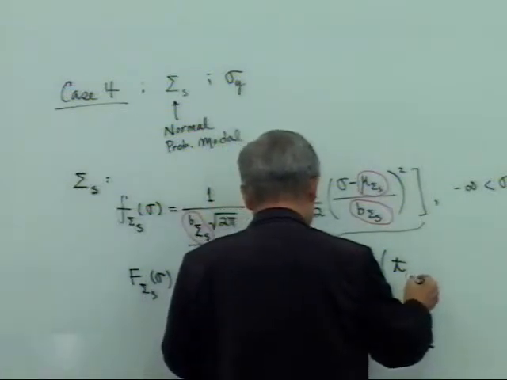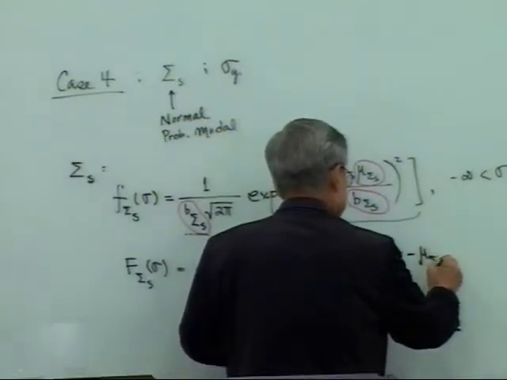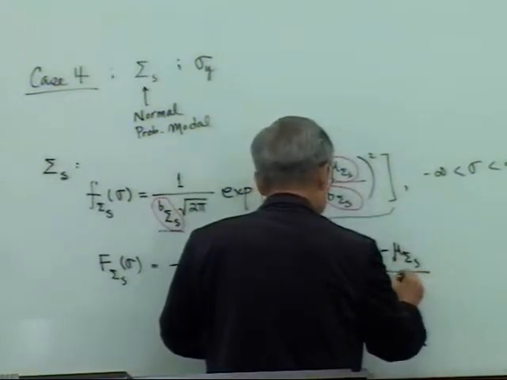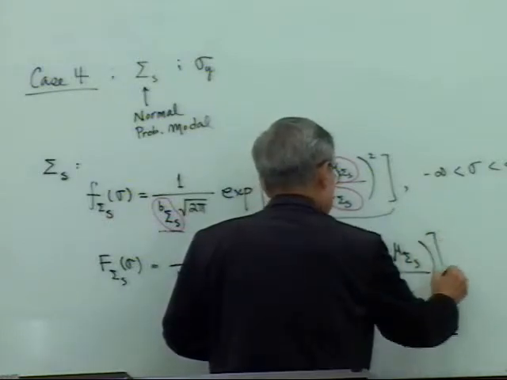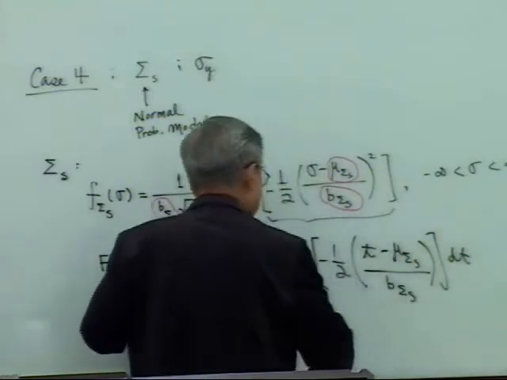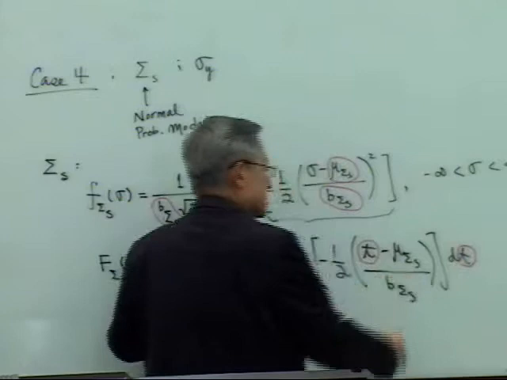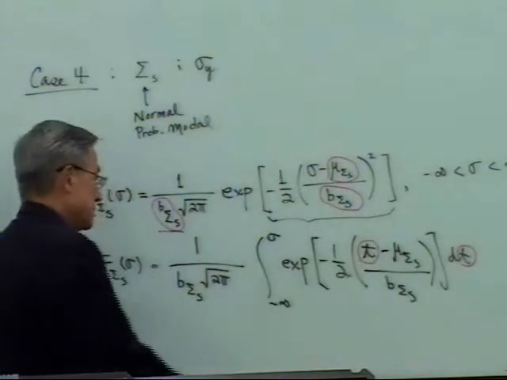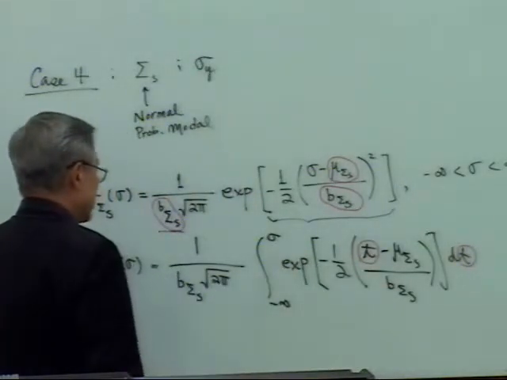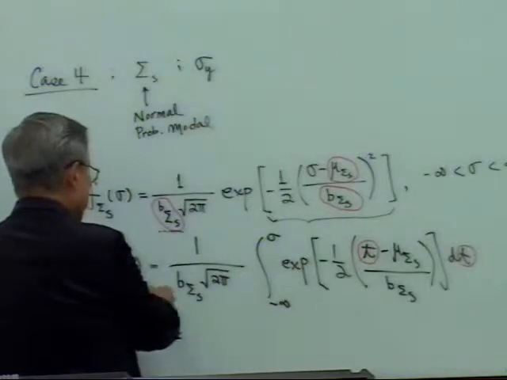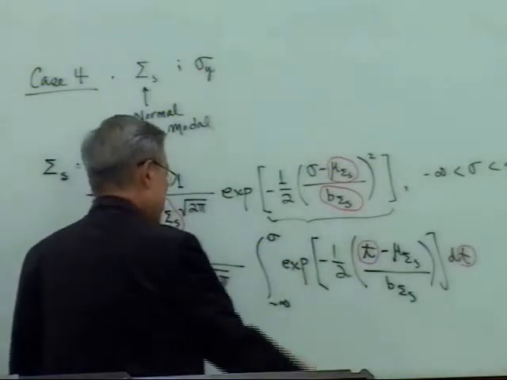I use a sigma, that's not right. So mu sigma S over B sigma S dt. So this is nothing but the integration parameter. In my notes I used a sigma, so make a correction. This is the integration parameter. So this is the Gaussian cumulative distribution function for integration.